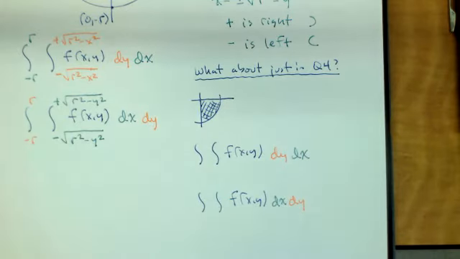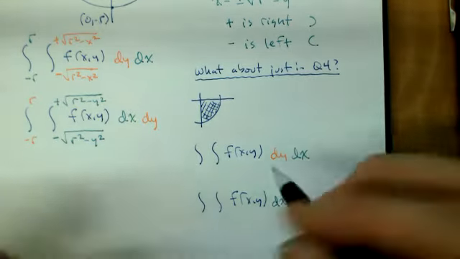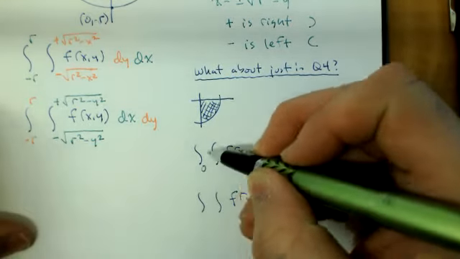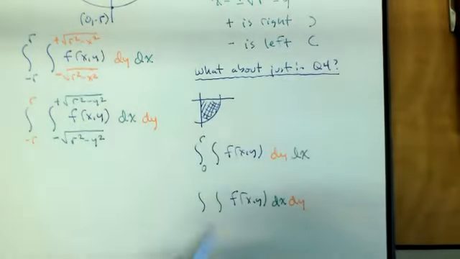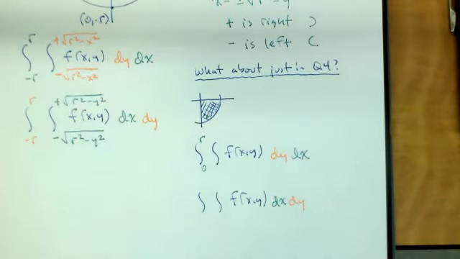So let's do these 2 double integrals. The first is a dy dx. The x has to go between constants. And now that I've limited myself to the 4th quadrant, x is going to start off at 0 and go up to r. X still has to be constants. So we'll go from 0 up to r. Now for the y's, if we pick a typical x value, we need to find the bottom y value and the top y value.